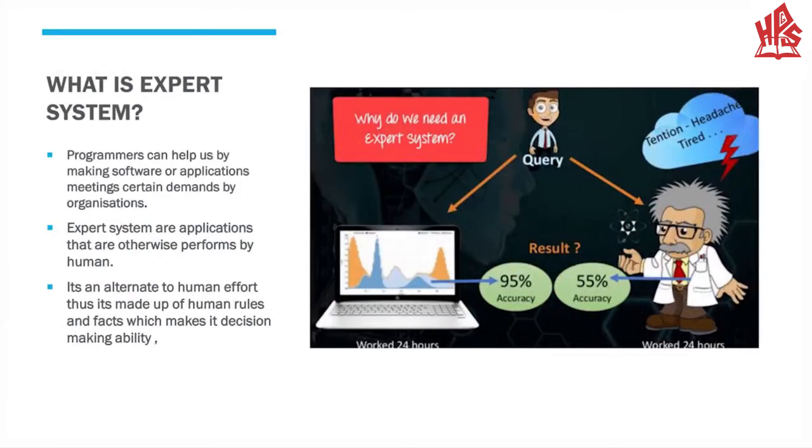The programmers play an important role in designing the programs to meet the demands through coding, which is a programming language. Programmers, as you can see, can help us in making software and applications. Similarly, expert systems are made by these programmers to meet the demands of the user or any organization.